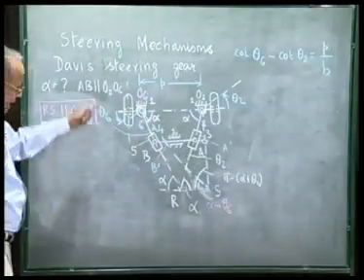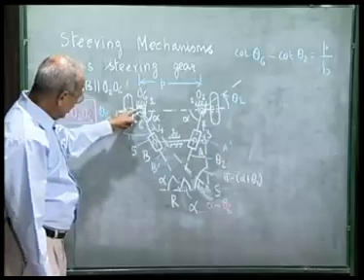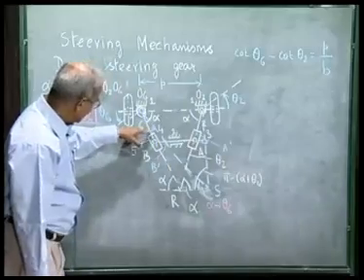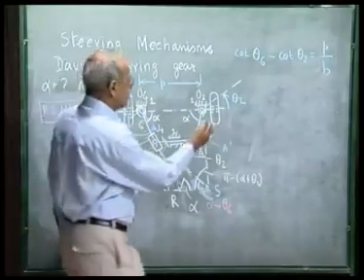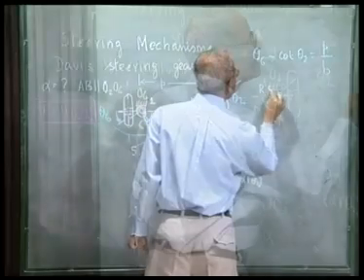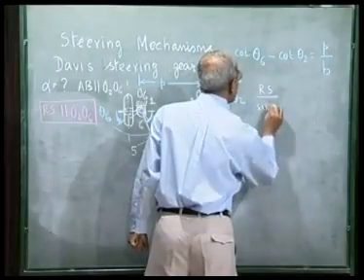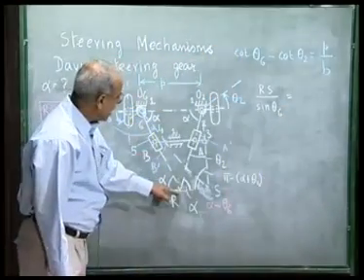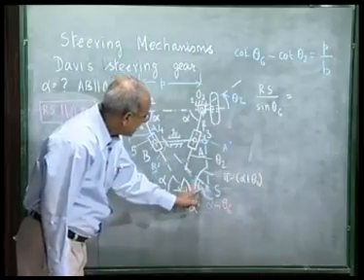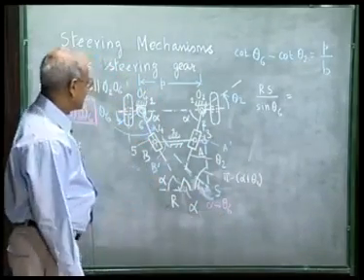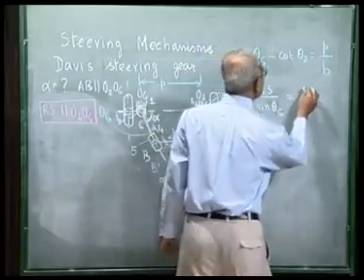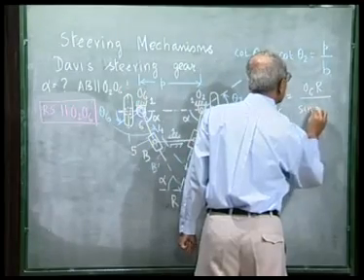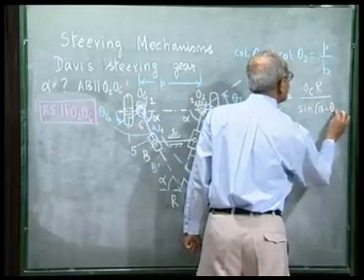Now, we use the triangle sine law for this triangle, namely O6RS. We can write RS by sine of this angle, which is theta 6, RS by sine of theta 6 is the same as O6R divided by sine of this angle, which is alpha minus theta 6.